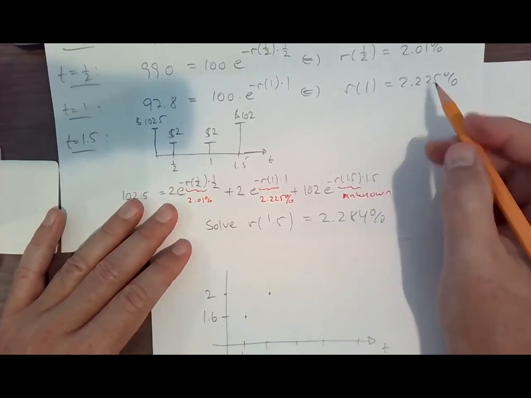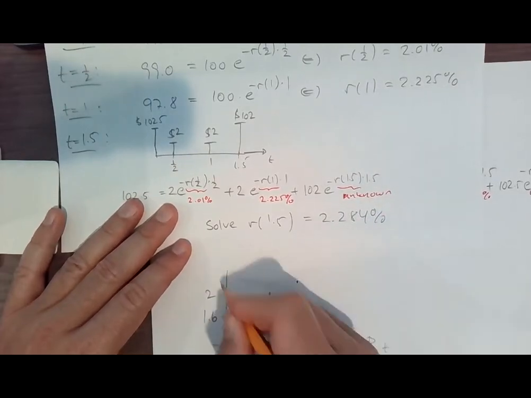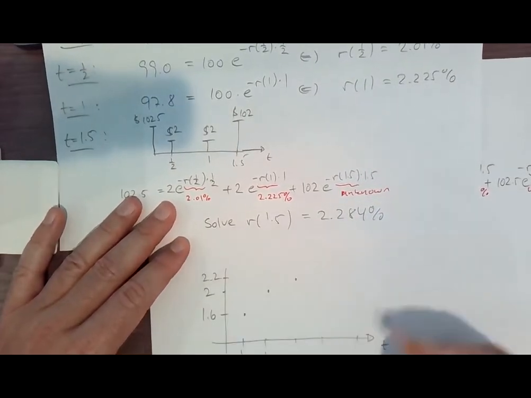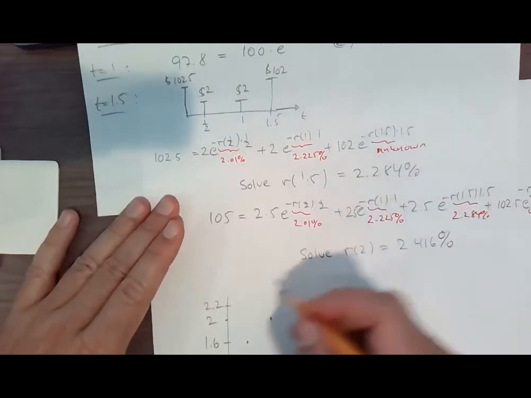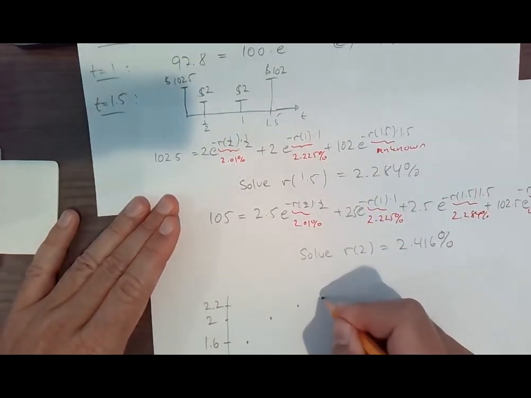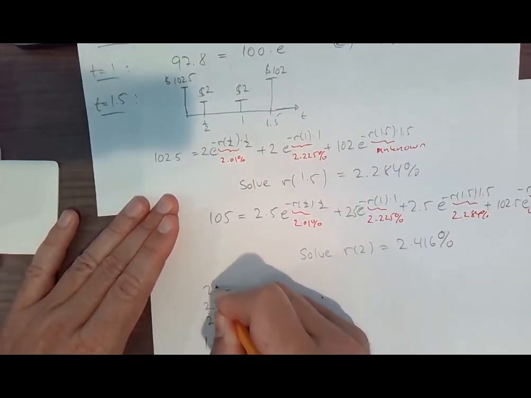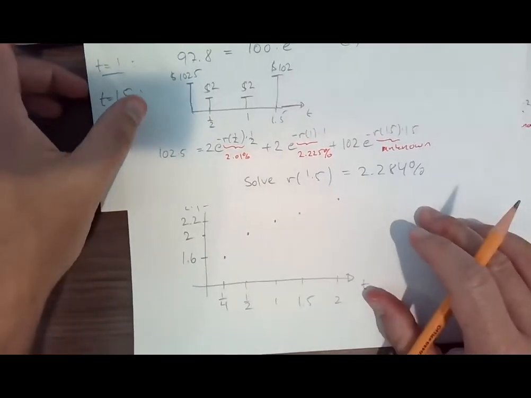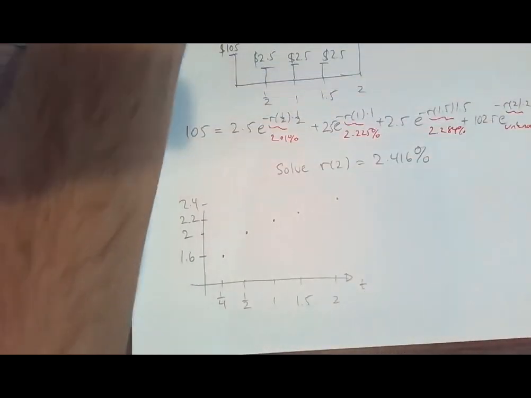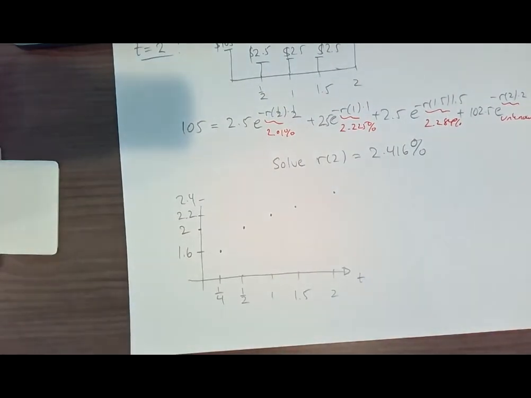Then it moves to 2.2. Then it goes up to 2.28, so a little bit higher. And then 2.4. So it looks something like that. These are the 5 points that I implied from the 5 traded bonds.